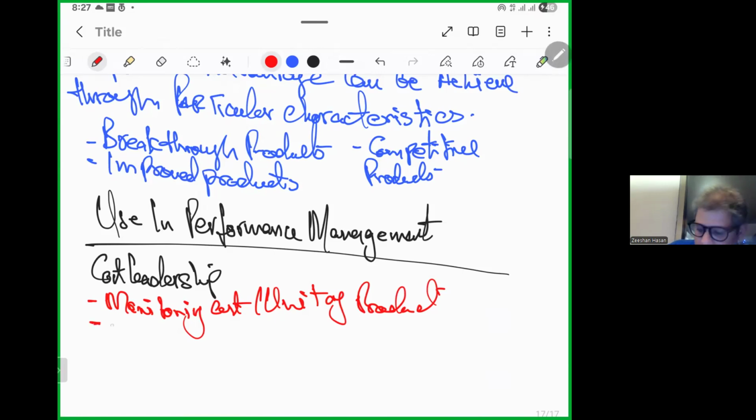As far as differentiation is concerned, performance management will focus on the basis of differentiation.